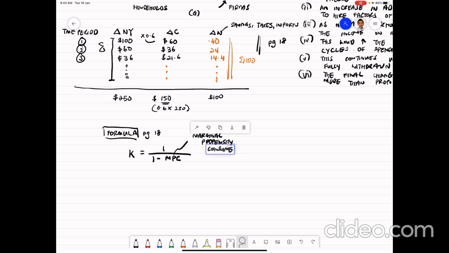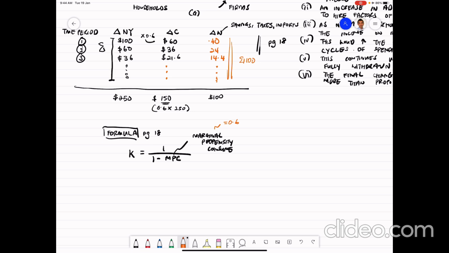So it's the tendency for a consumer or a household to spend part of his income. So in our example, the marginal propensity to consume is this magic number right here, 0.6, because I spend 60% of my increase in income on consumption.